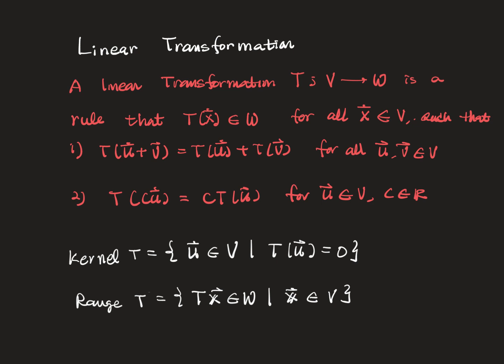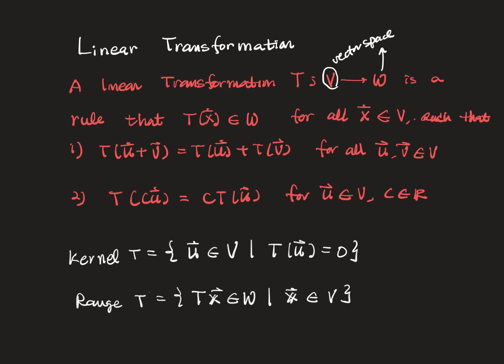So let's go over the definition of linear transformation. Here is the definition, right there, guys. V is a vector space, and W is a vector space.